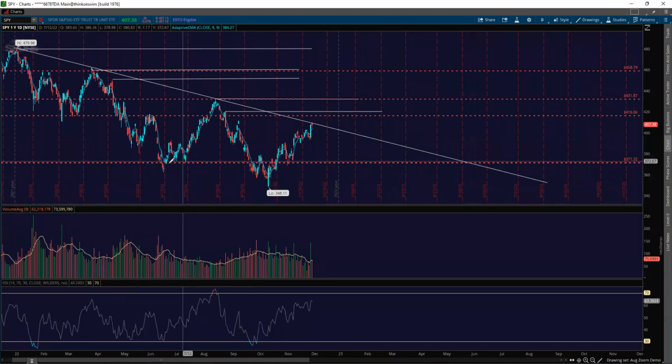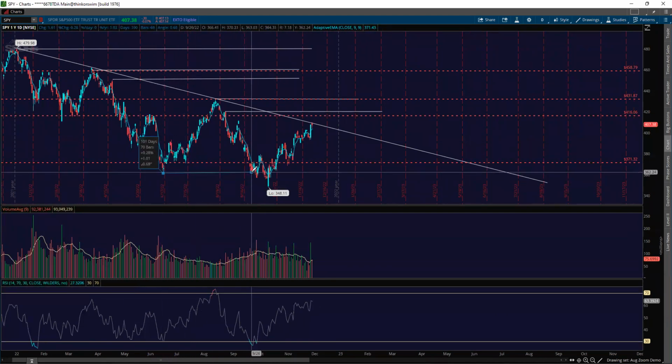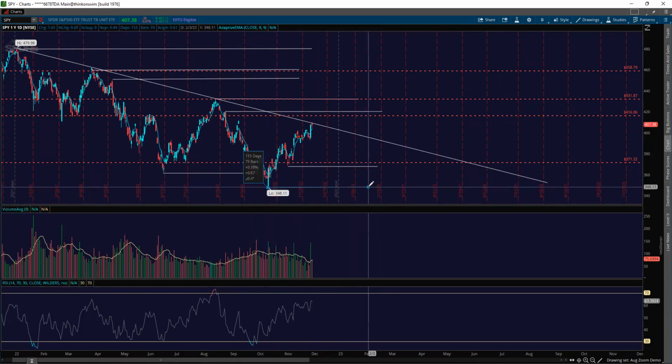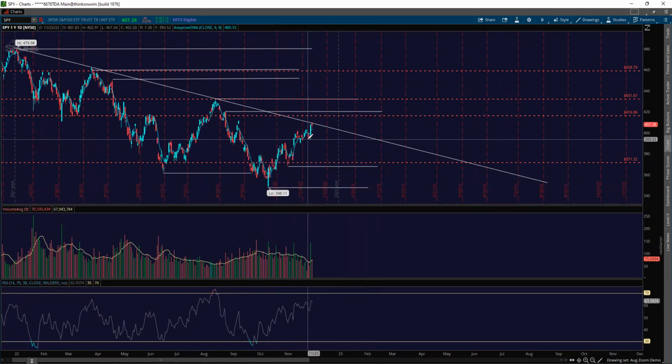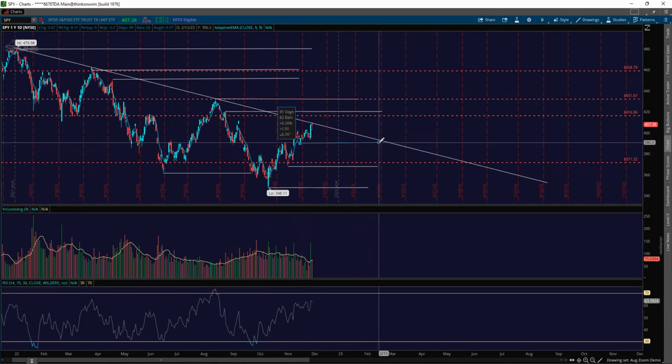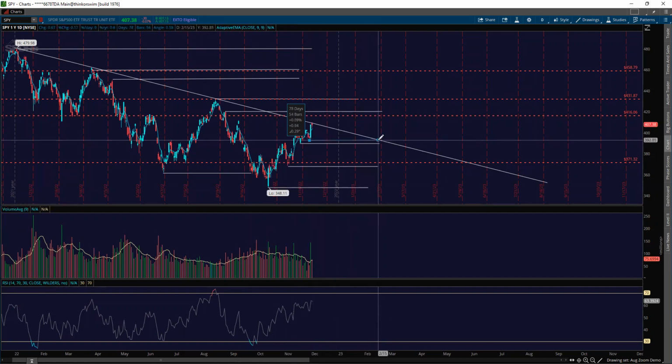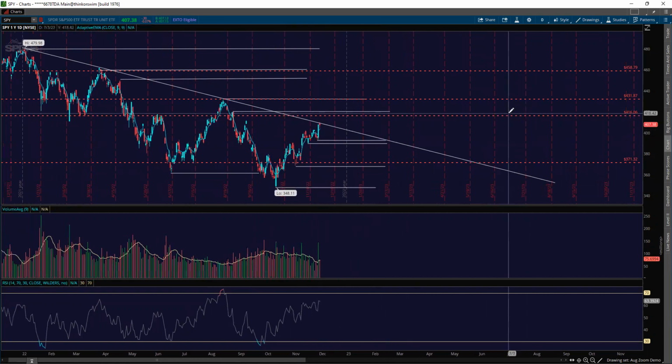We retested all of these over here. But on the way out, kind of an outlier. And here. So what we're doing is we're really looking at levels in two different ways, right?